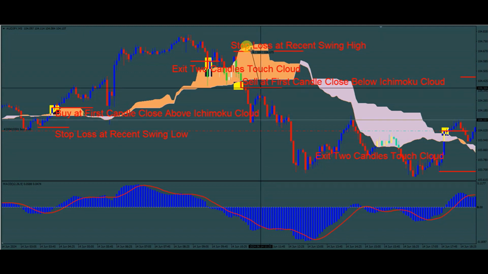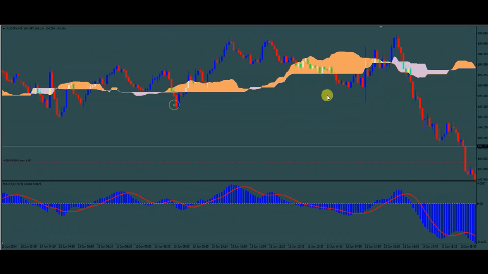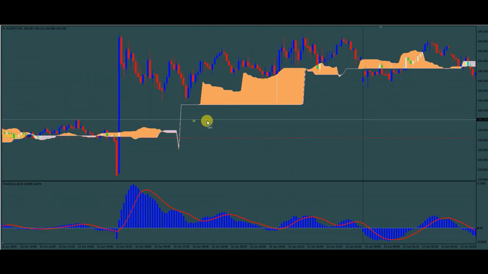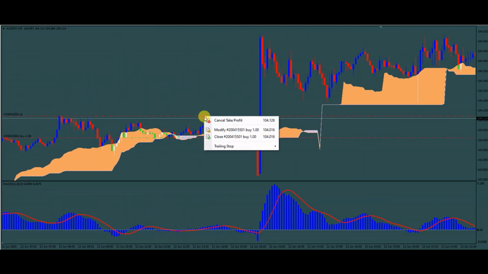So here this is giving us 29 pips. So here our target should be around 60 pips, which you can see here we make. So let's go back a little bit to see how this strategy has fared so far.